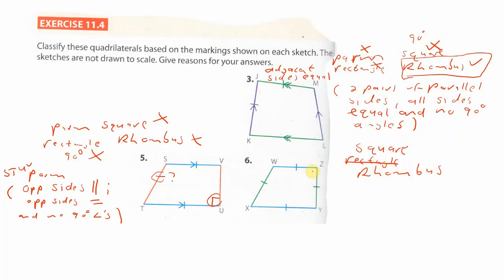Only those two have equal sides everywhere. So now, do you see any 90-degree markings? No, I don't see any. So we know the square has 90-degree angles from the previous video. It can't therefore be the square. So we are left with the rhombus.